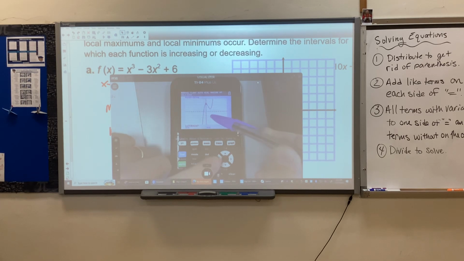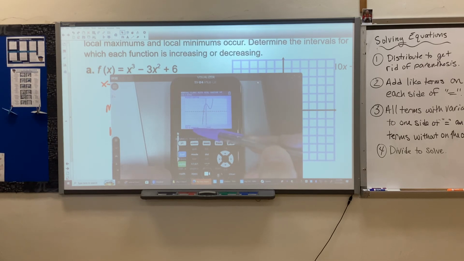So you cursor right and left until you're on the left side of the 0, which is now. And press enter. And then cursor until you're on the right side of the 0, which is like now. And press enter. You can see there's these dotted lines. The 0 has to be in between the two dotted lines. That's the trick. Press enter one more time. It'll give you the number.